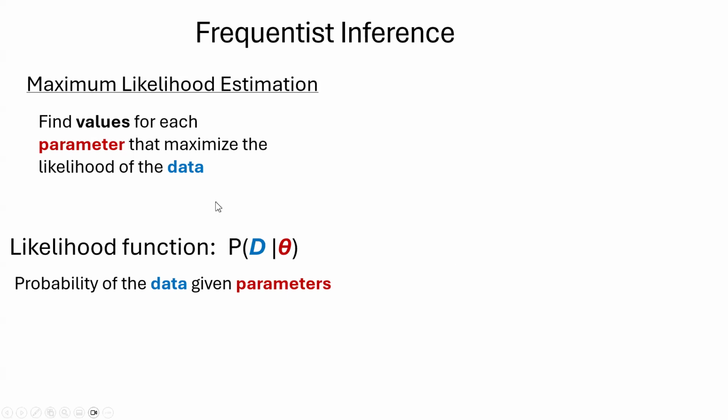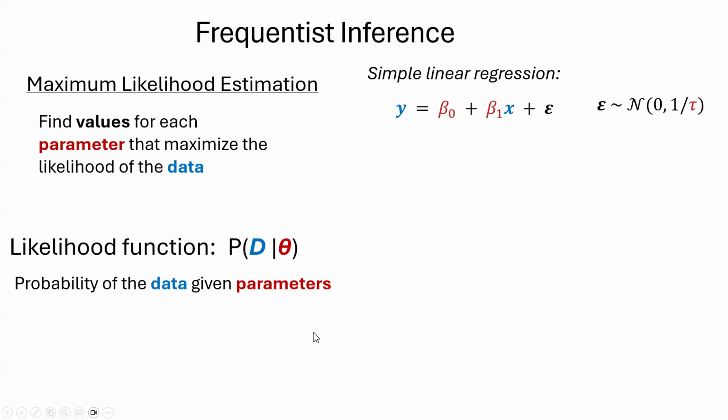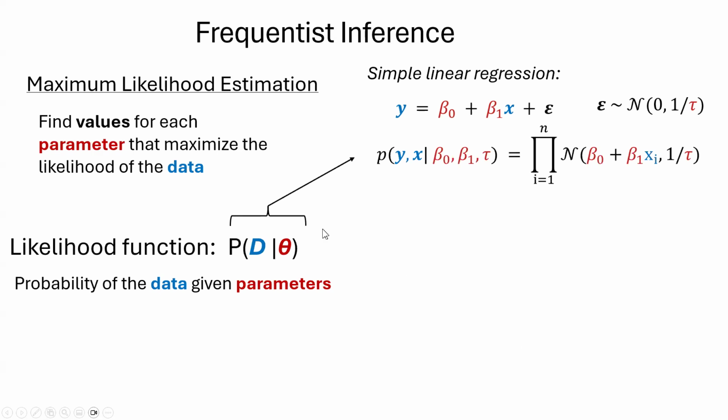So that uses this likelihood function, which is also part of Bayes' rule, that represents the probability of the data given parameters. So in our simple linear regression example, now I've colored data and parameters consistently. This likelihood function for this example looks like this. I hope the colors help you see that it's just the same structure.